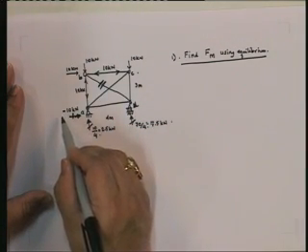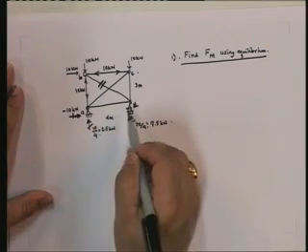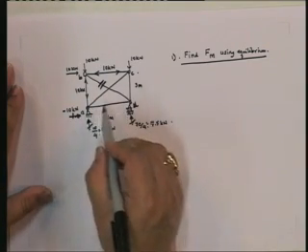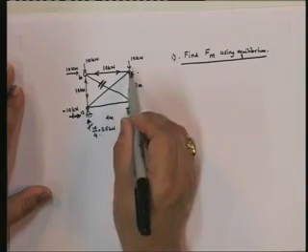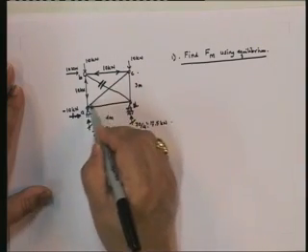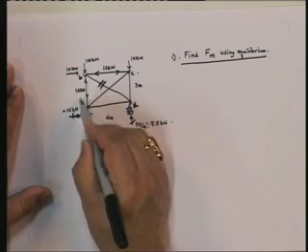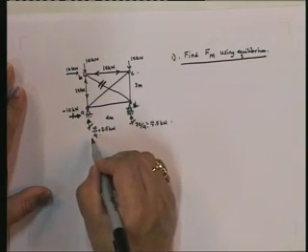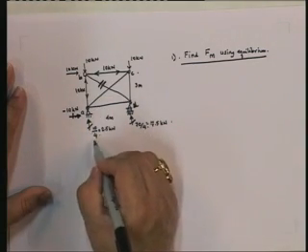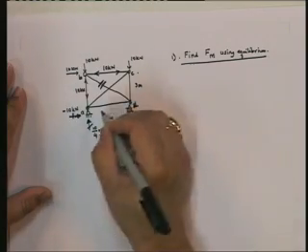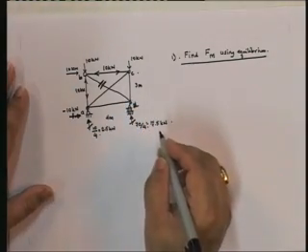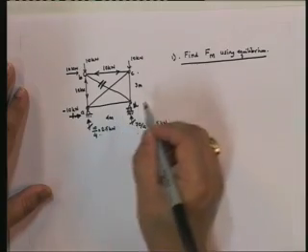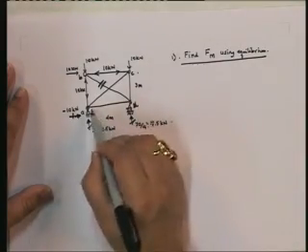And similarly you will see that the vertical component of this member AC plus this 10, which is downwards, minus this 2.5, which is this way.